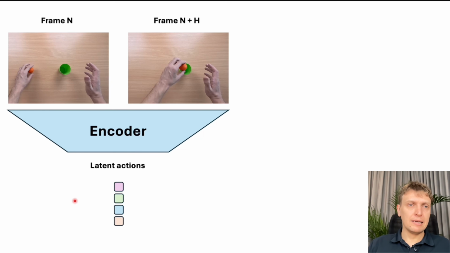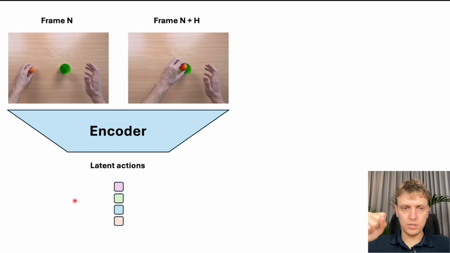So if we don't already have actions for our robot or for the human, let's try to create some discrete latent space that contains these actions. First of all, we have the first part of the model that is very similar to what we've seen before.